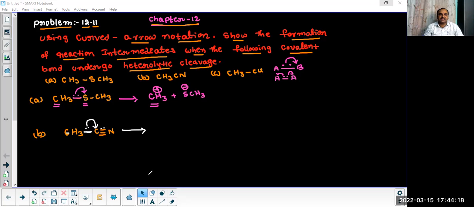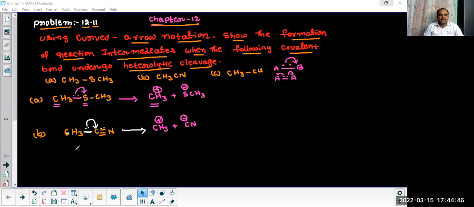You will get a negative charge at one carbon atom and a positive charge on the other carbon atom. So here you will get CH3 positively charged, the electrophile, and CN minus. The negative charge will be at the nitrogen atom.